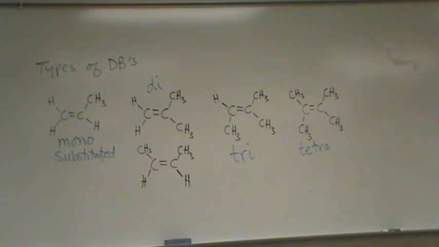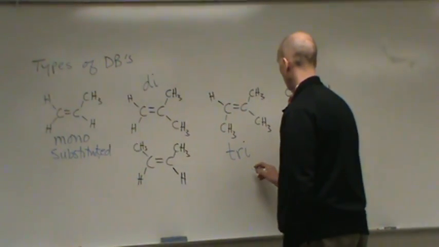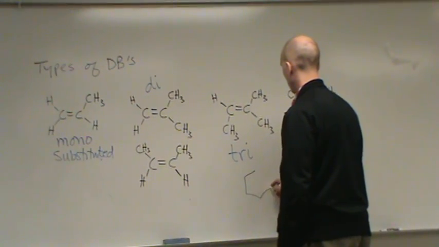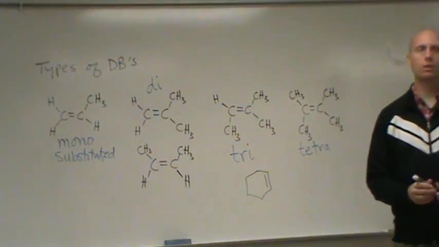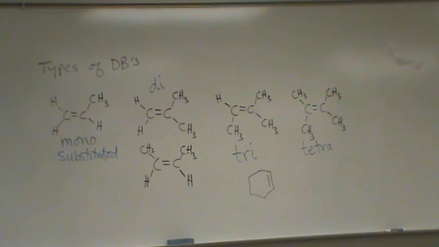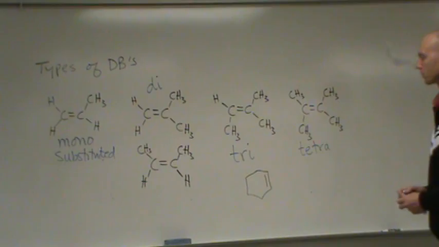Let's look at an example. Let's suppose I gave you that alkene. What kind of double bond would that be? You got 4 options. This would be a di-substituted.